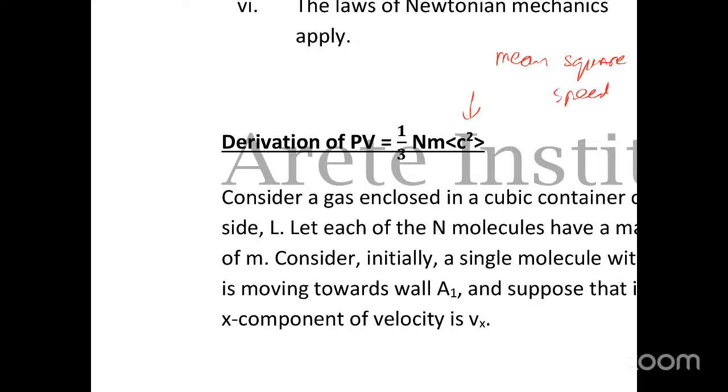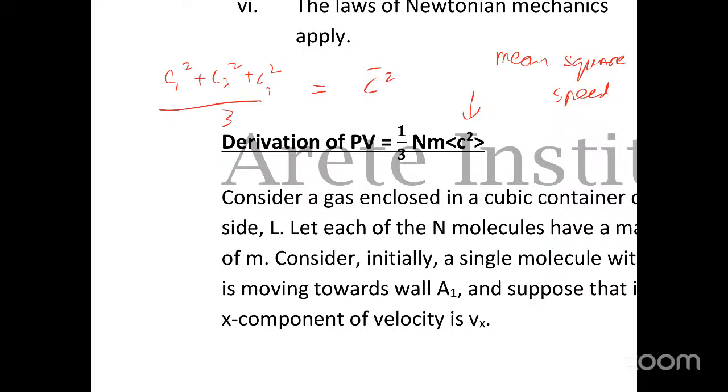What you're doing is taking all the speeds, squaring them, and then finding the average.